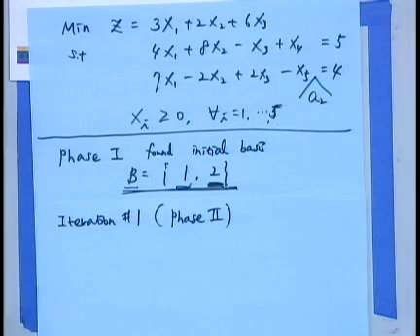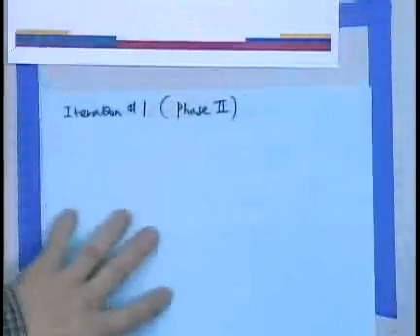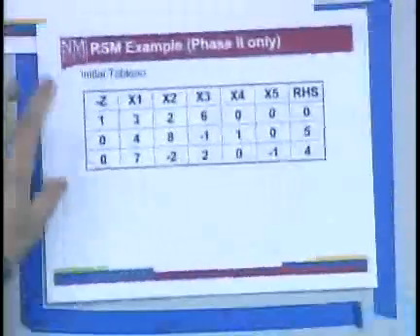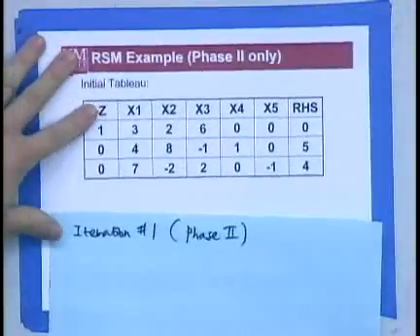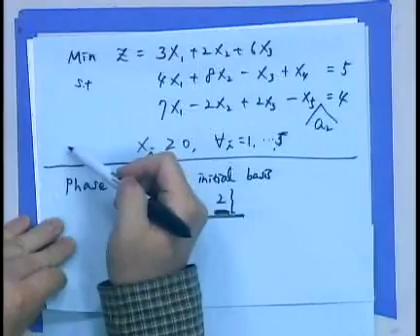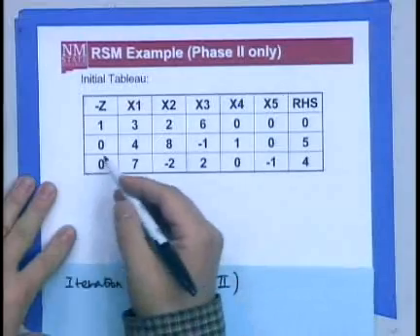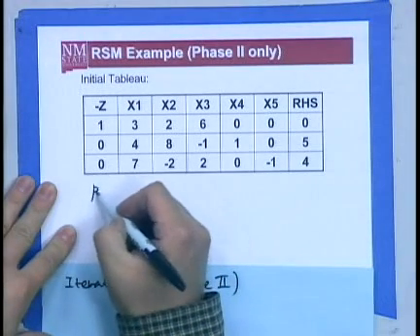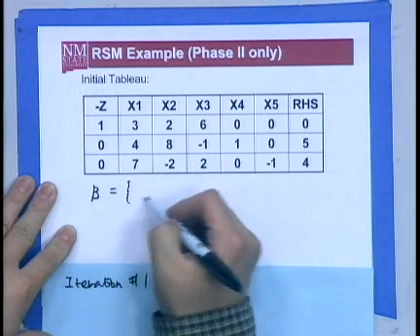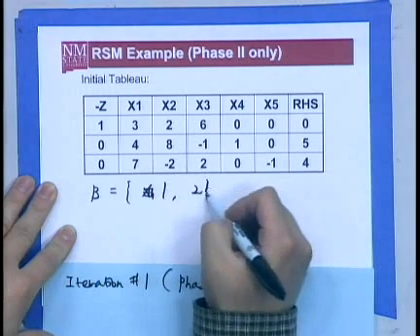Okay? And this is the initial tableau constructed based on this standardized LP. And I've mentioned the phase 1 found the initial basic variables, which is x1 and x2, right?